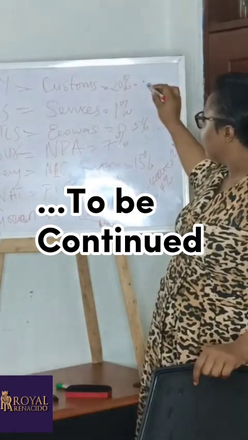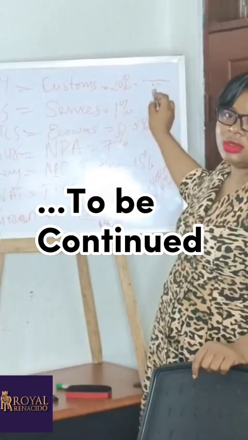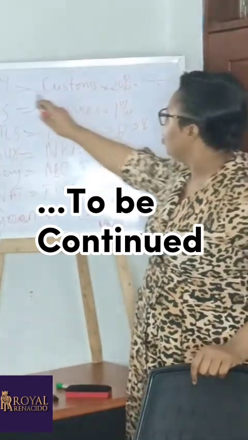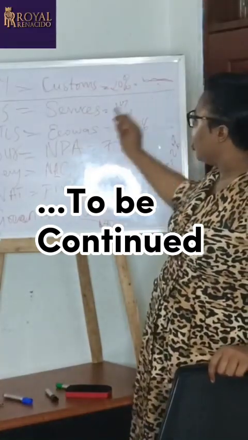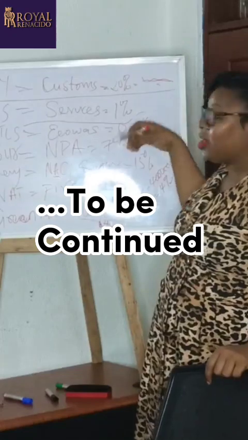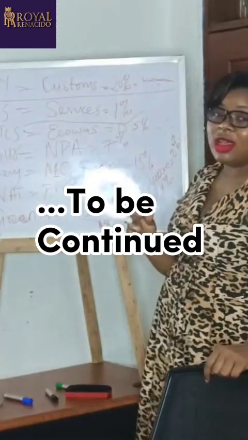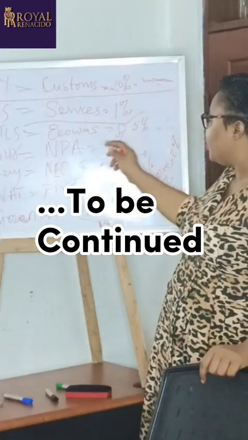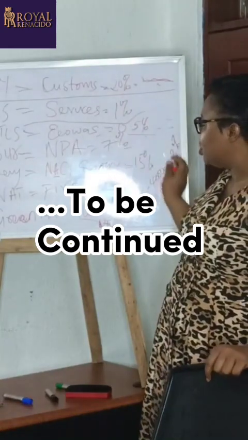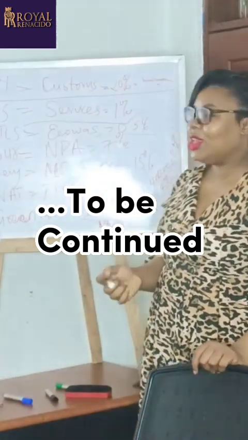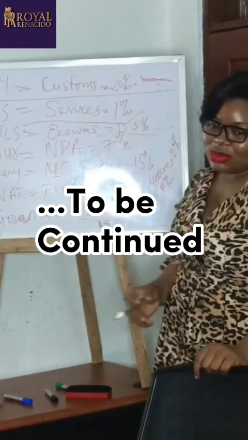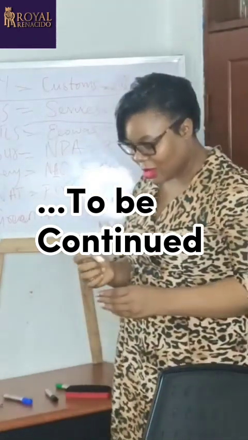Customs is only collecting a certain amount. The service provider, which are Cotecna and the rest of them, you're paying them 1%, ECOWAS 0.5%. Sometimes customs are really keen on the surface duty, which goes to them.